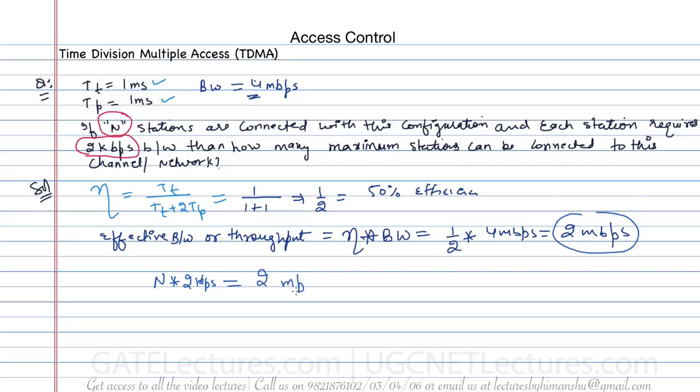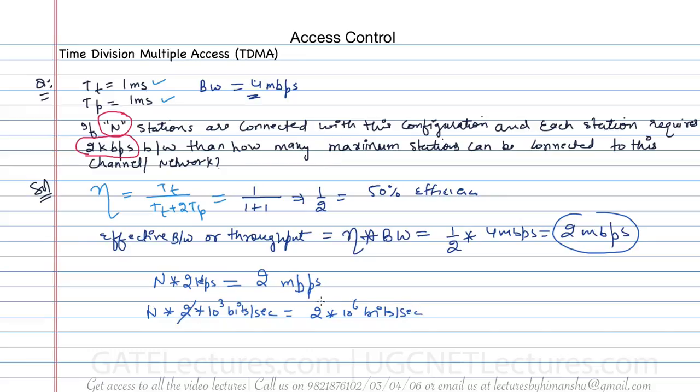Again I am telling you, when I'm measuring bandwidth, it is generally measured in powers of 10, and when I'm measuring data, it is measured in powers of 2. So 2 kbps means 2 into 10 raised to power 3 bits per second, and 2 mbps means 2 into 10 raised to power 6 bits per second. So it is n multiplied by 2 into 10 raised to power 3 bits per second, equal to 2 into 10 raised to power 6 bits per second.